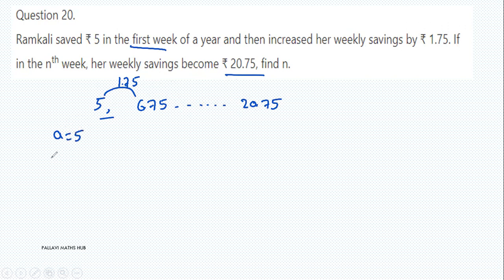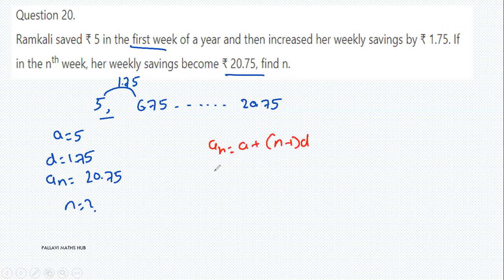A is equal to 5. D is equal to 1.75. An, the last term, is 20 rupees 75 paisa. And n is equal to question mark. Same formula: An is equal to A plus n minus 1 into D. So your An is 20.75 is equal to A value 5 plus n minus 1 into D value 1.75.